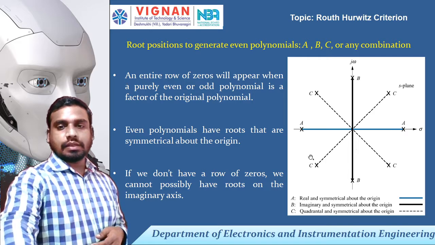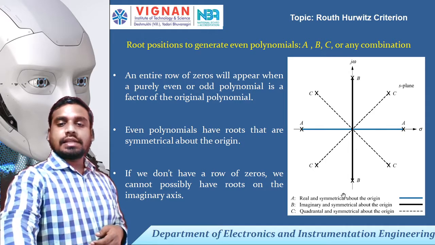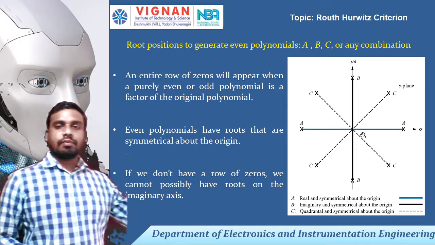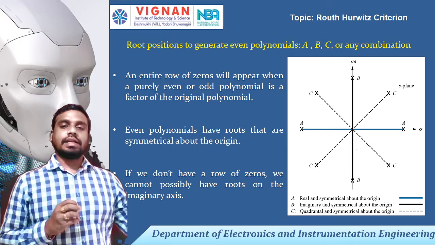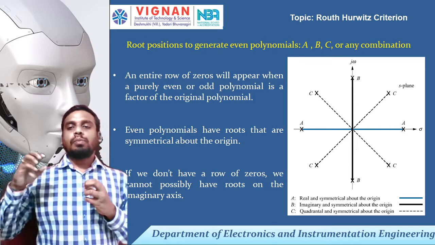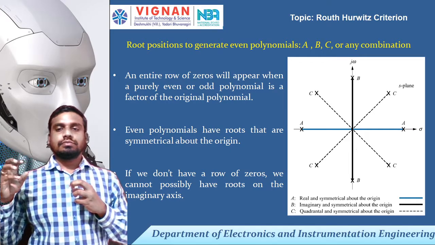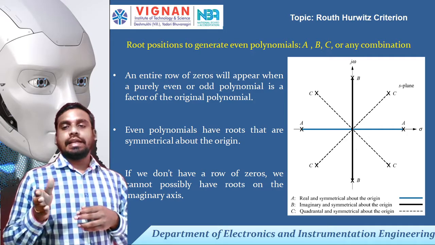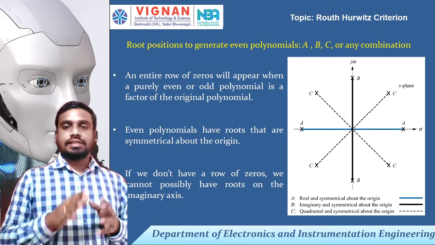In the first case, the blue line, the poles are real and symmetric about the origin. Whatever the distance of the pole from the origin on the left hand side, the same distance you have the pole on the right hand side. Since the pole is there on the right hand side, it is unstable.